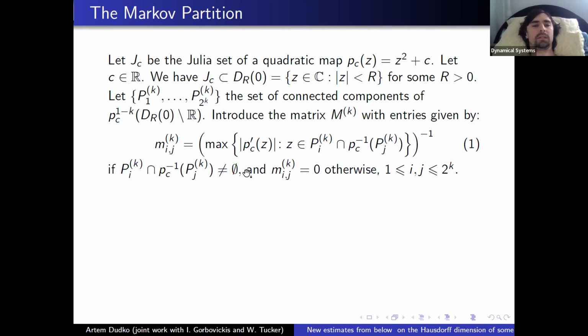Namely, if we have indices i and j such that the preimage of p_j intersects p_i, that basically means that the preimage of p_j lies inside p_i. Then m_ij is the maximum of the derivative of the polynomial P_c at z over all points z from this intersection, and then we take the inverse power.